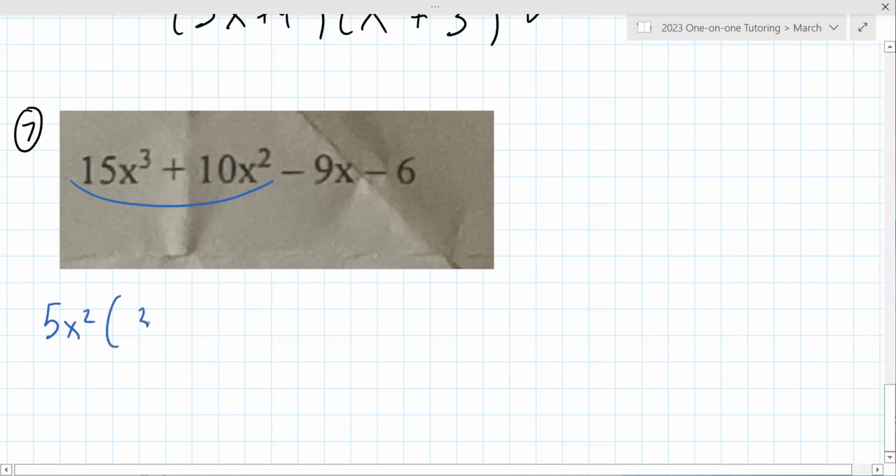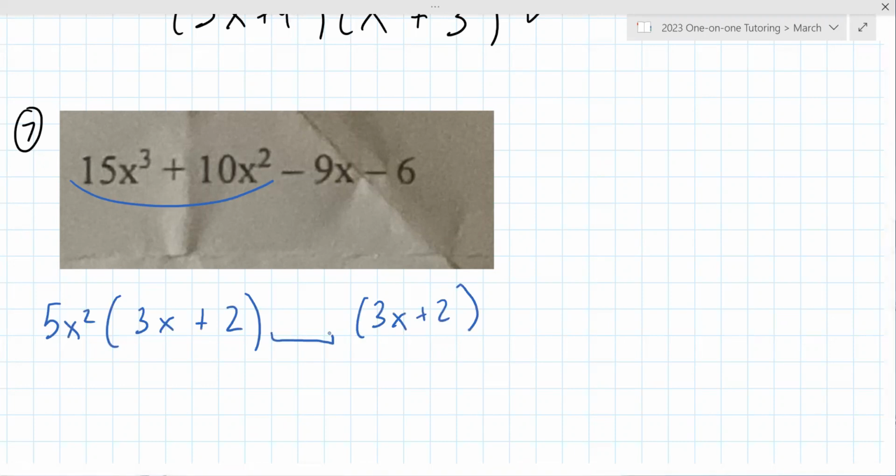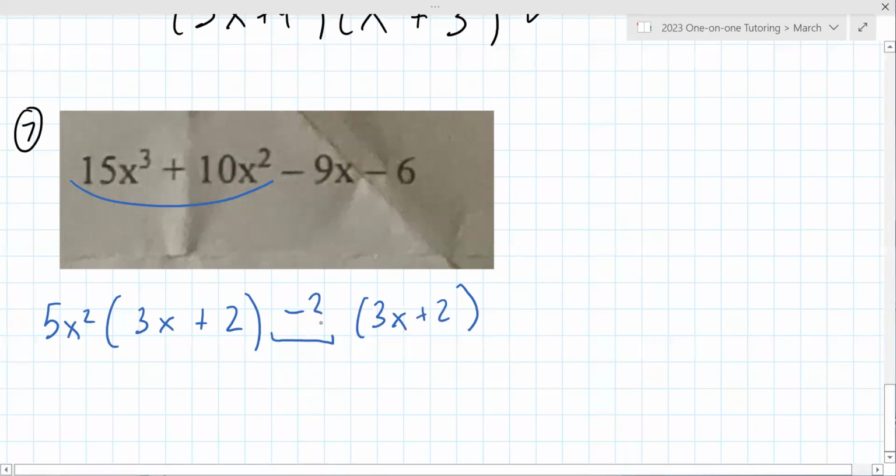And then inside parentheses is 3x plus 2. So you'll write 3x plus 2 over here, and in that space in the middle, tell me what goes there. -3. -3, perfect. So it becomes 3x plus 2 times 5x squared minus 3.